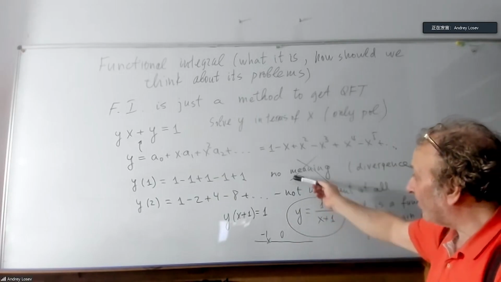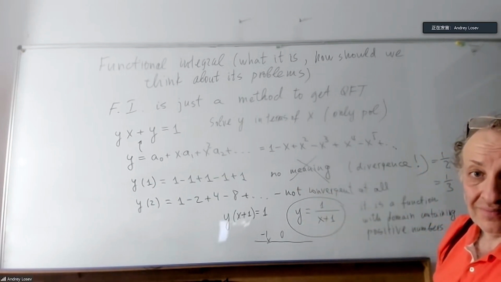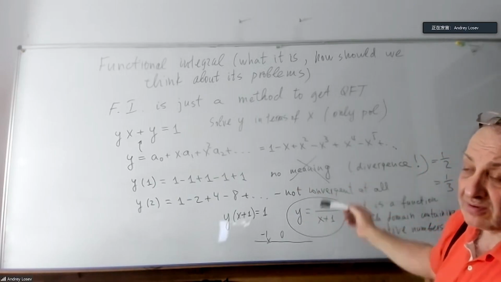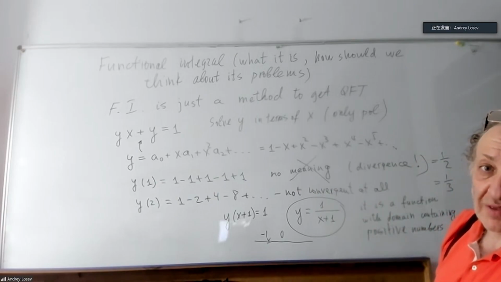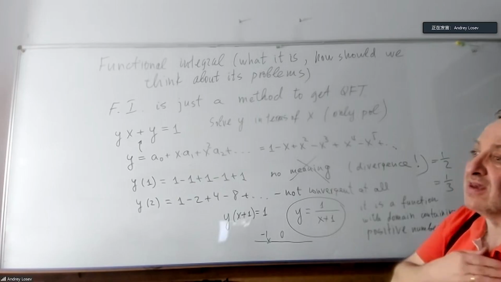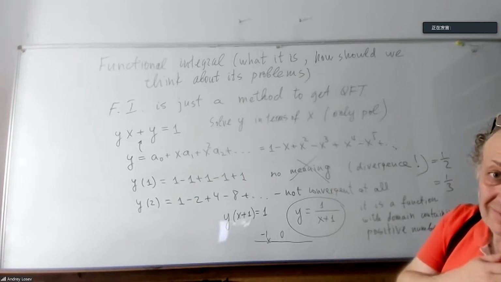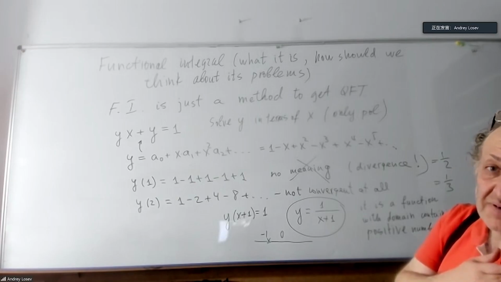So here we have the problem in the method. It's actually Taylor method or Newton's method. But problem in the method is not a problem of original problem. So you could be confused only if you think that your method is the definition.